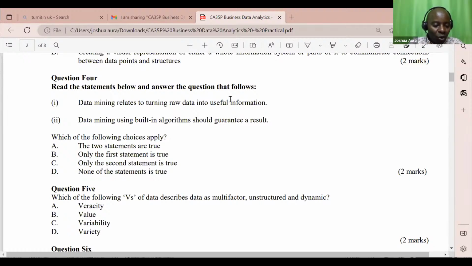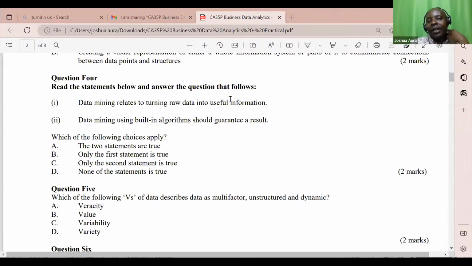You extract raw data and then you work through until you come up with a model, which you shall be able to deploy. So data mining relates to turning raw data into useful information. So statement 1 is correct. So anyone that says statement 1 is false is wrong. C, only the second statement is true, that's wrong. D, none of the statements is true, wrong. So now I'm debating between A and B.